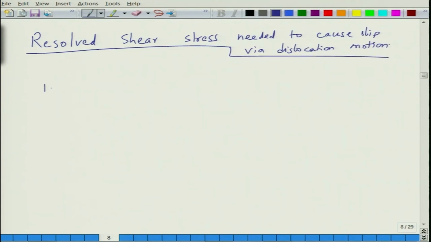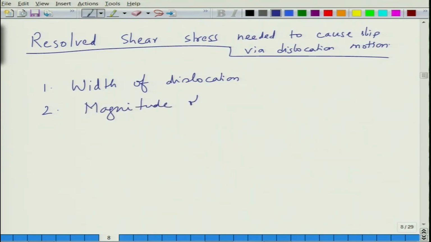One is the width of dislocation, second is the magnitude of the Burgers vector. So, basically what do we mean by width of dislocation?